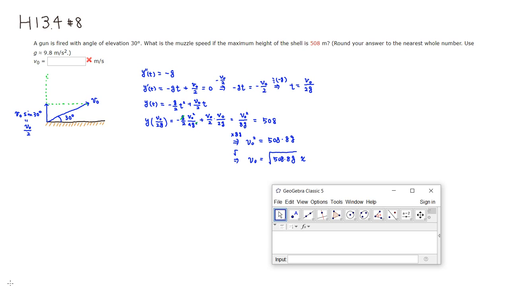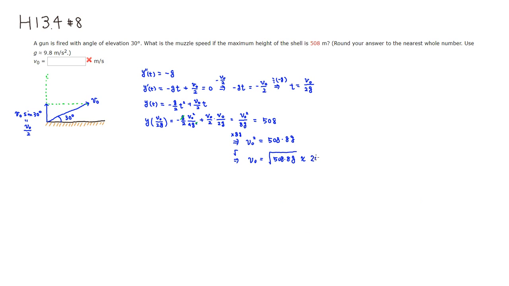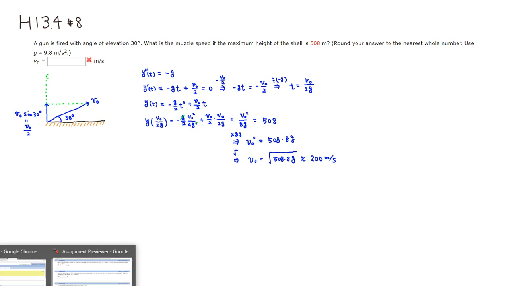I opened up GeoGebra, so I'm going to type square root of 508 times 8 times 9.8 and hit enter. It came out to be 199.57, so to the whole number, it's about 200 meters per second.